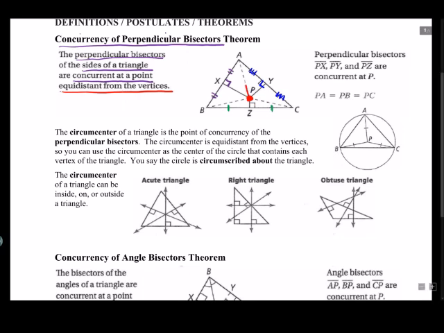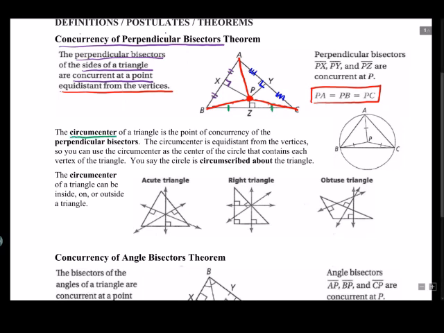So segment PA, segment PB, and segment PC are all congruent, which means their lengths are equal. Now you should be looking at that and going, we have a central point and three congruent segments. That looks like something that we can use.